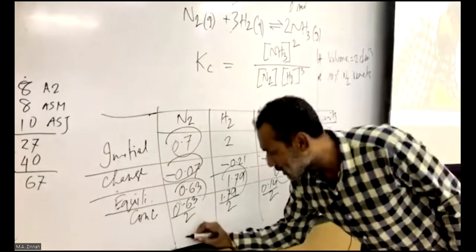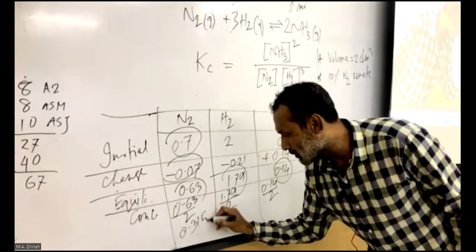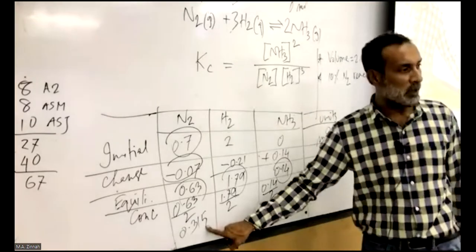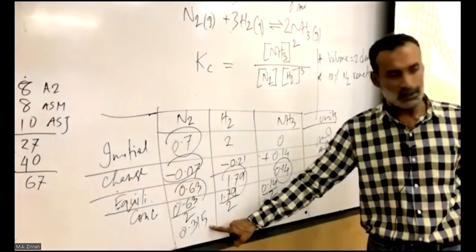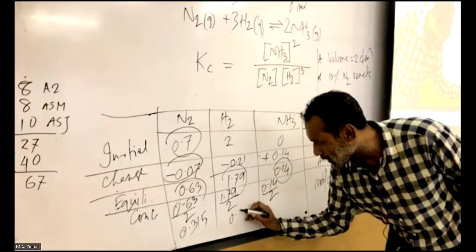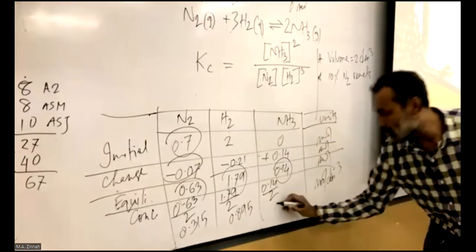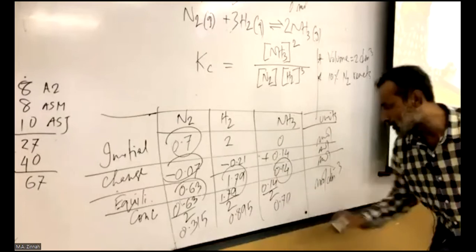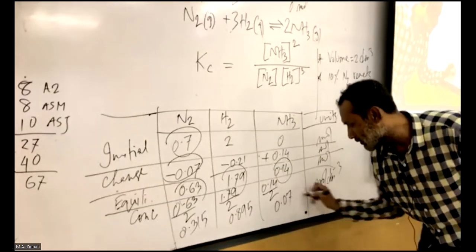So what do you get here? 0.315, good. This is mole per dm cube. The remaining concentration of nitrogen is this. And for hydrogen, 0.895. Then this is 0.07 mole per dm cube.